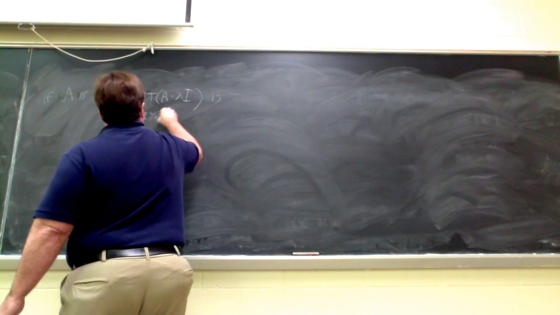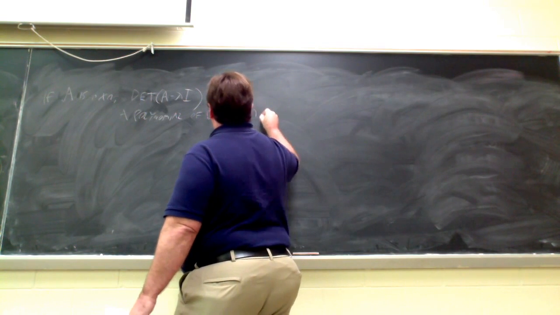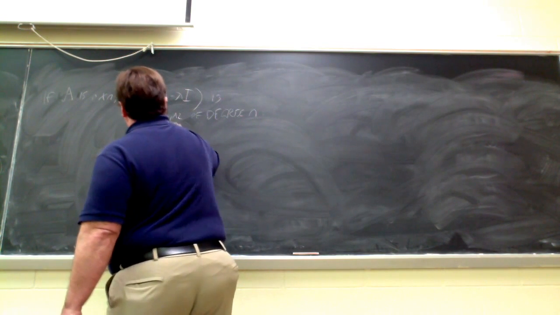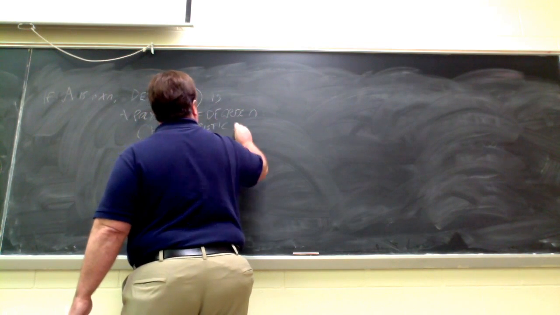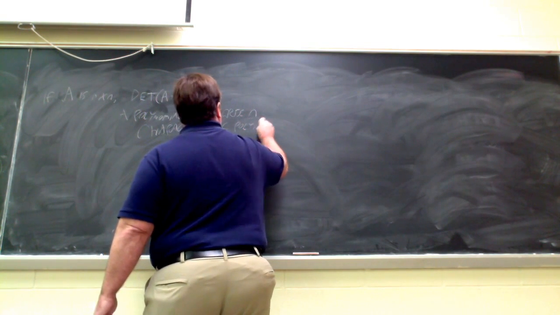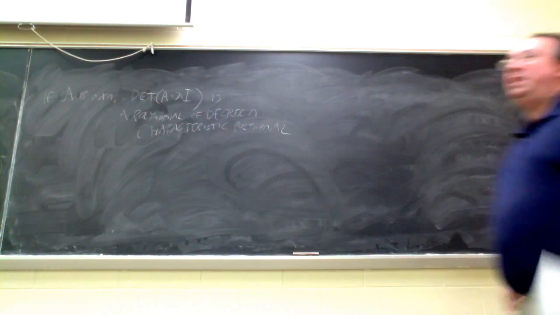So this expression, the determinant of A minus lambda times identity, is a polynomial of degree n, and it is called the characteristic polynomial. This is a thing that wouldn't come up in like a PDE class.